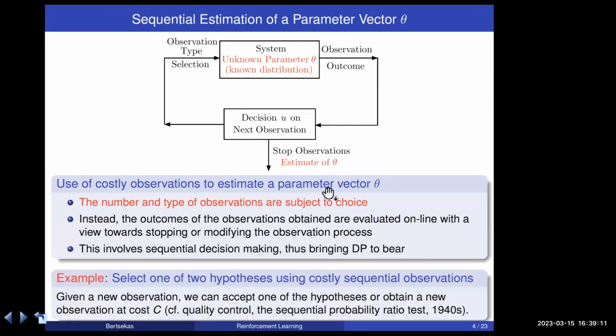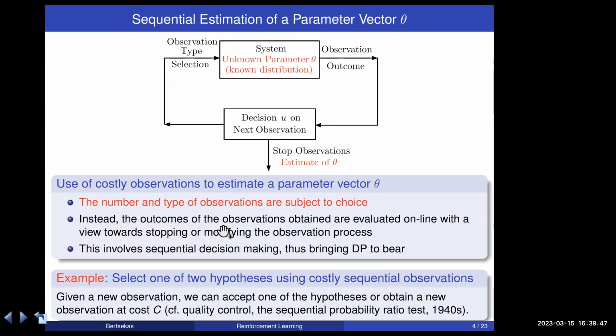Let me give a classical example of this. Suppose we have two hypotheses and we try to decide upon one of the two. And we do this by using observations that are costly and are sequentially obtained. Now, given a new observation, we can either accept one of the hypotheses, the stopping action, or alternatively, obtain a new observation at a certain cost. The classical application of this has been statistics and quality control.